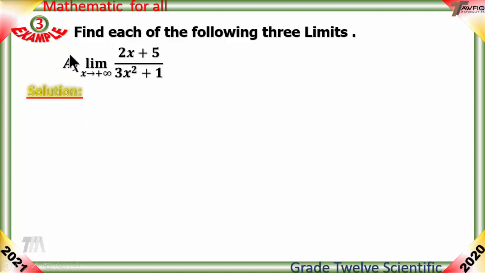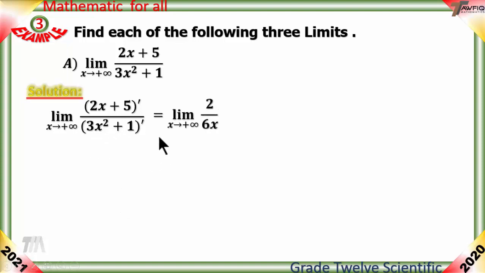Example number 3. Find each of the following 3 limits. A. Limit when x approaches positive infinity for (2x plus 5) over (3x squared plus 1). By using L'Hôpital's rule, it becomes the limit when x approaches positive infinity of the derivative of 2x plus 5 over the derivative of 3x squared plus 1, which is 2 over 6x.